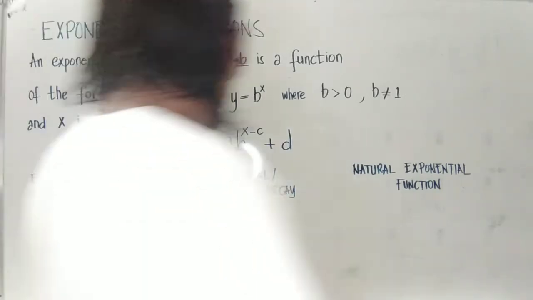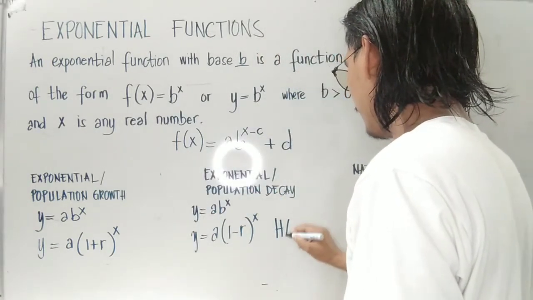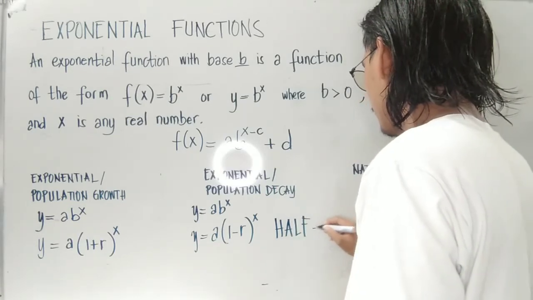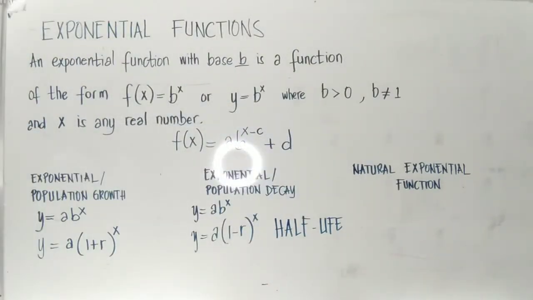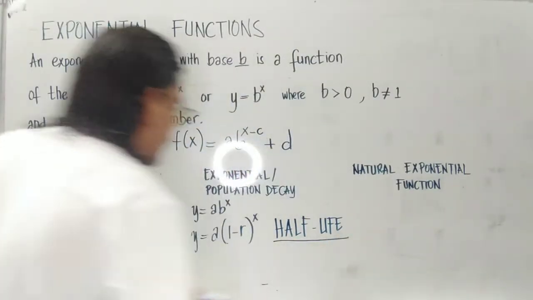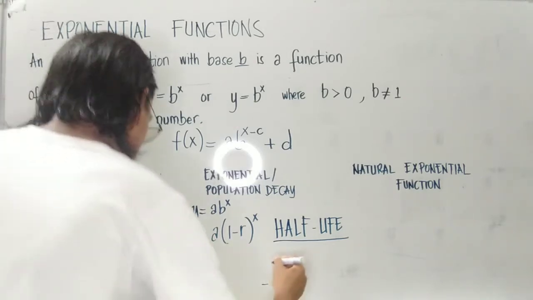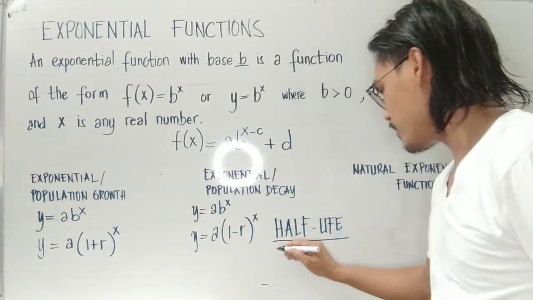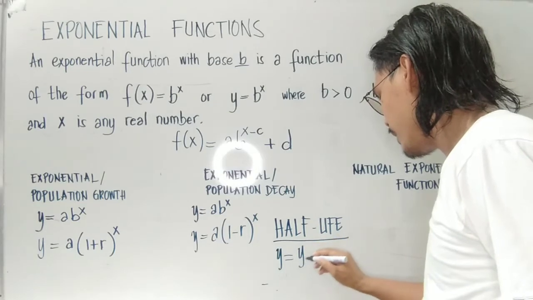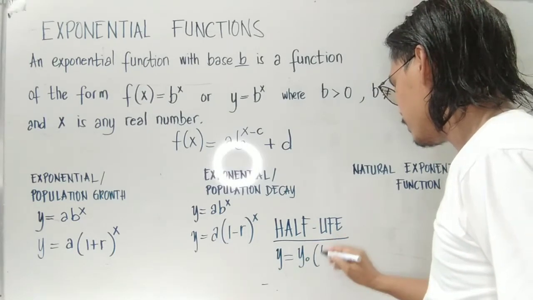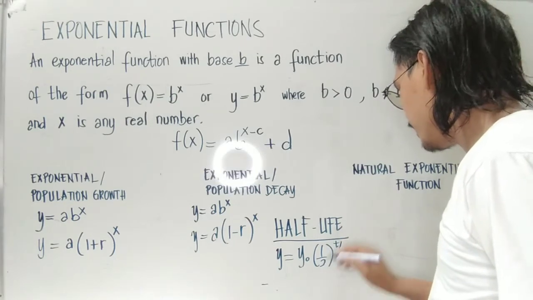Another one for the population decay is your half-life. Half-life is applied on radioactive substances. It follows this equation: y equals y sub 0 times 1/2 raised to p over t.